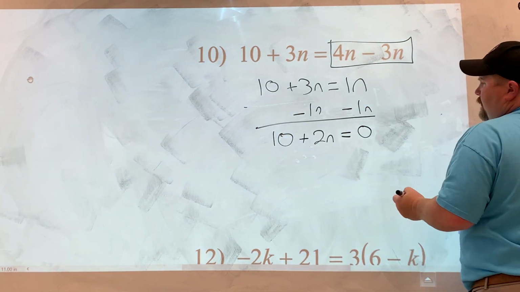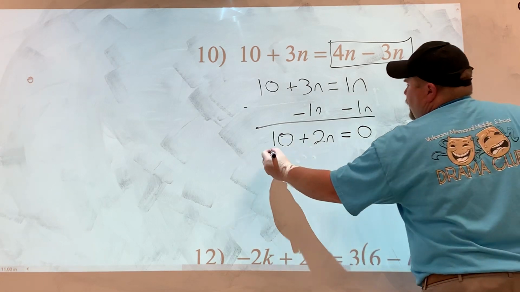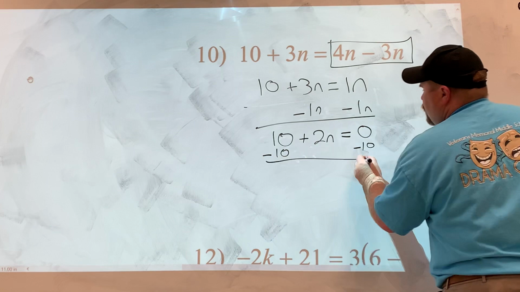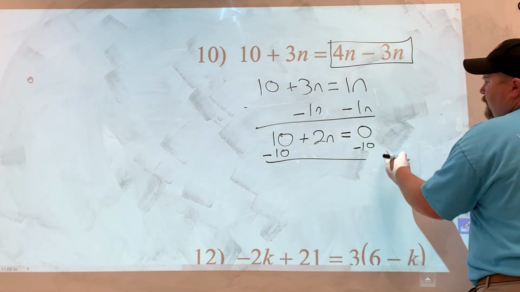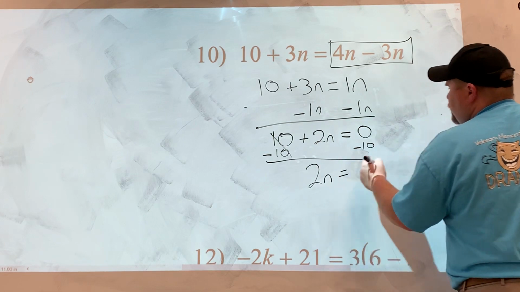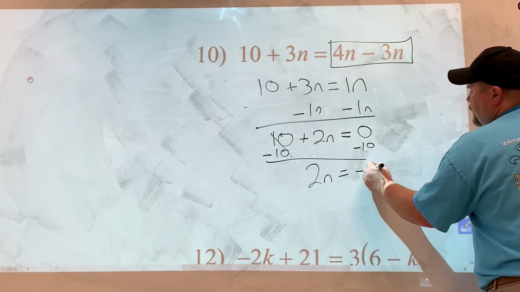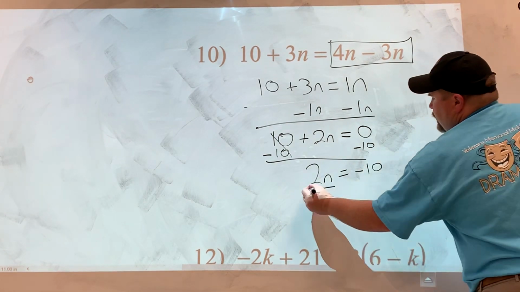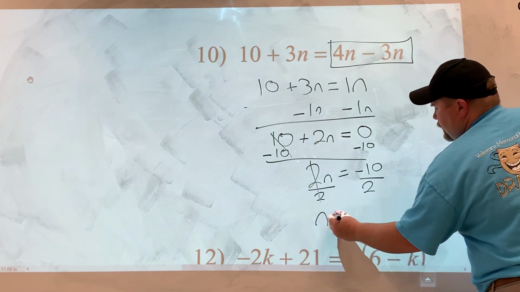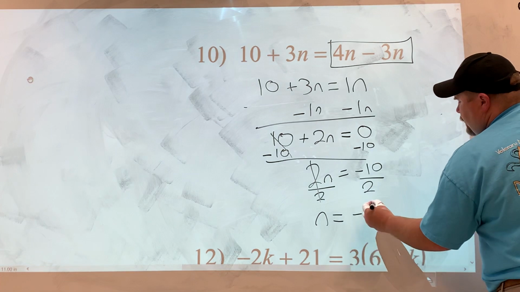Put that 0 placeholder in there and keep working. We've got to get rid of the 10, so we subtract 10 from both sides. Guess what? You can actually do 0 minus 10. Yep, it's amazing. We have these things called negative numbers. 0 minus 10 is negative 10. Divide both sides by 2. And we find that n equals negative 5.